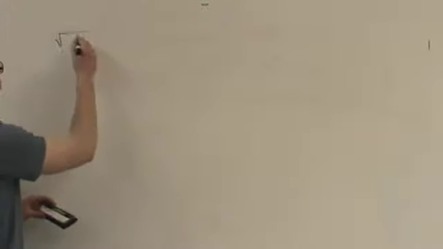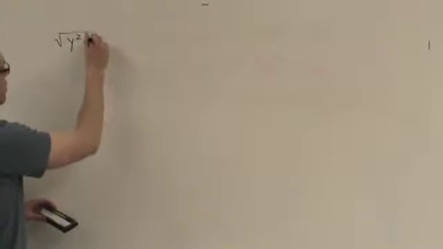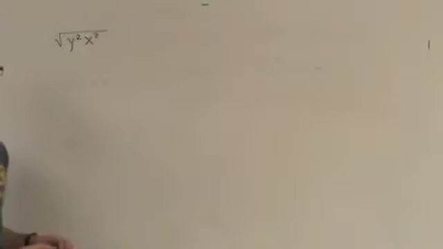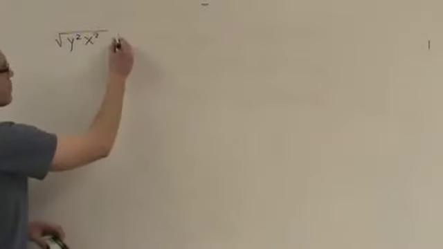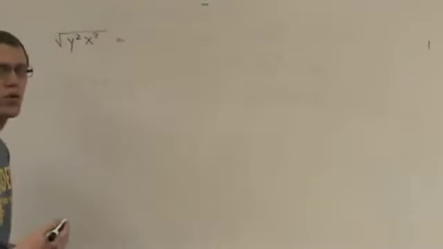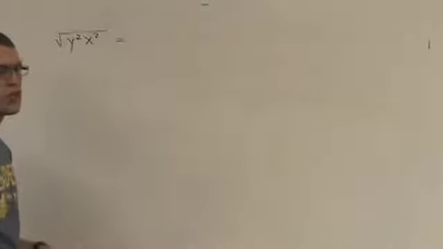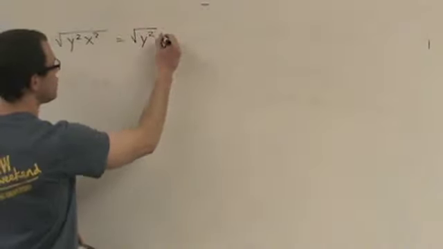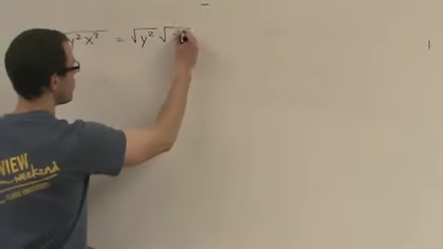Let's look at this example. The square root of y squared x squared. So the y squared and the x squared are both underneath the radical. One way you could look at this is to split it up into their own radical symbols. Put them underneath their own houses. So you have the square root of y squared times the square root of x squared.